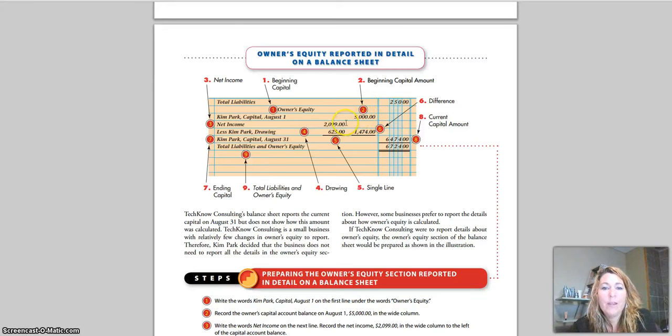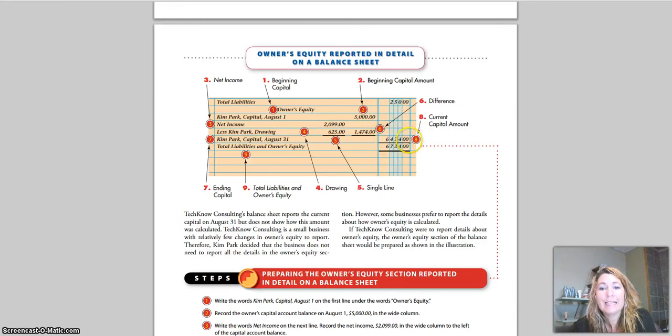Then we had our net income. We took out $625, so we went ahead and did the math. Our net income minus what we had taken out in drawing left the $1,474. Then to find out our capital on August 31st, we took the $5,000 minus the $1,474 to give us this number.